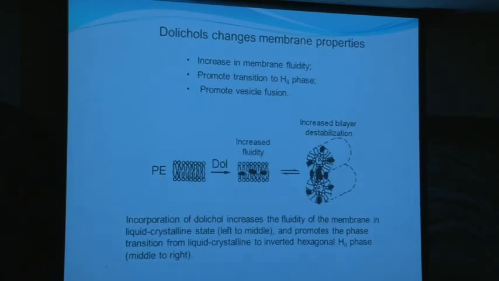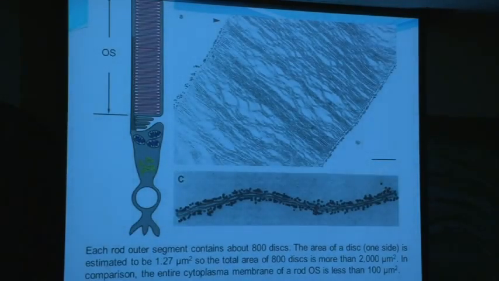Okay. So then we think about what dolichol does in the membrane. When you add dolichol to the membrane, it increases the fluidity and it increases the transition from liquid crystal to this H2 phase. So what does it do?